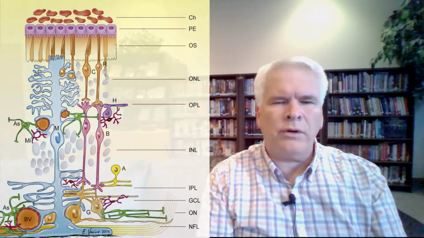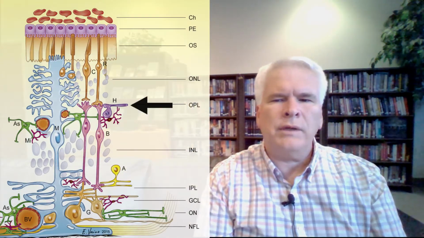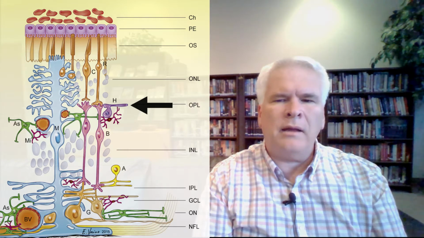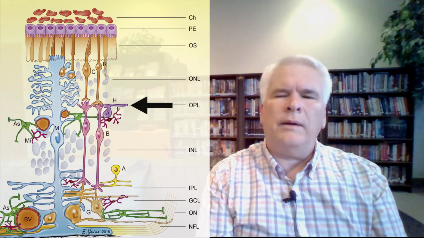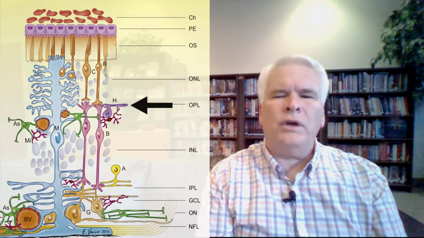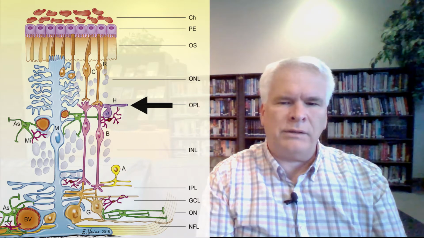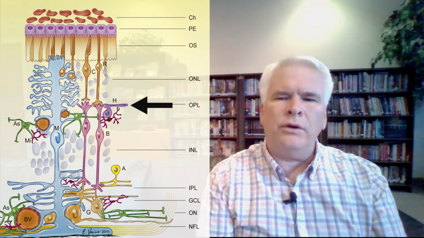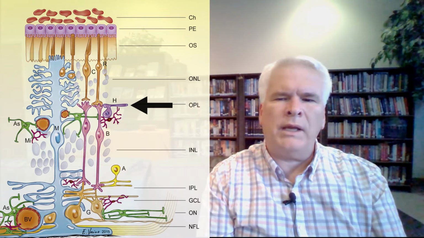But let's look at the other morphological structures in the eye as well, because they are going to become significant for another reason. So as we're moving away from the rods and cones, the next cells that we encounter are called the horizontal cells. And these cells span numerous connections between the rod cells and the cone cells and the bipolar cells that are the next neuron cells that will be encountered.